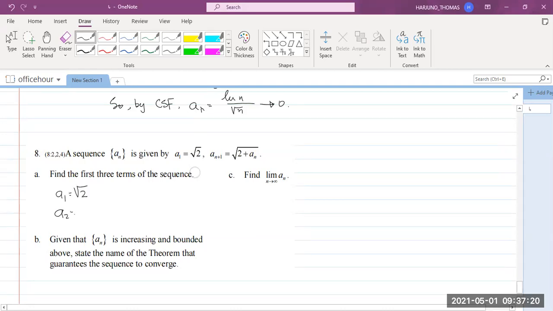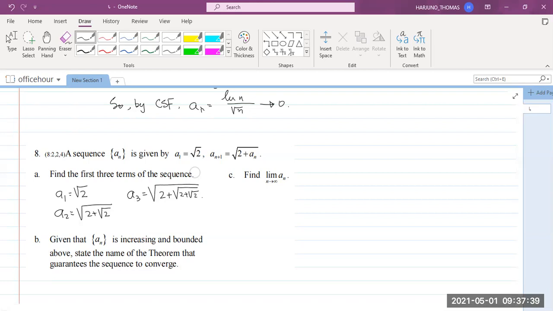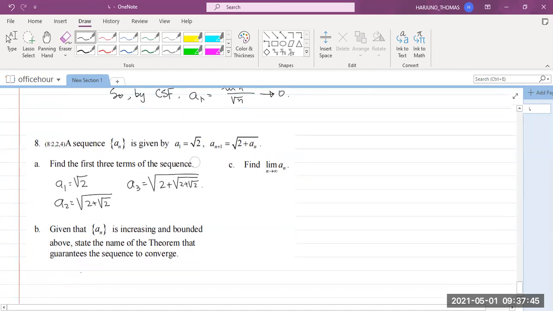A sub 2 will be square root of 2 plus square root of 2. A sub 3 is square root of 2 plus a sub 2, which is square root of 2 plus square root of 2 plus square root of 2. Now, given that a sub n is increasing and bounded above, state the name of the theorem that guarantees the sequence is convergent. That's the monotonic sequence theorem.